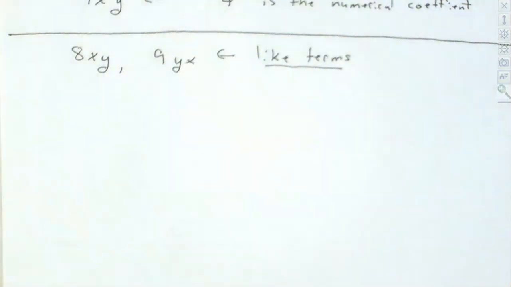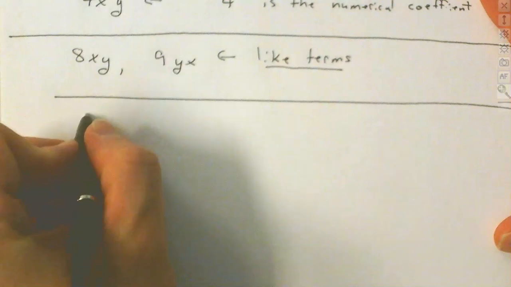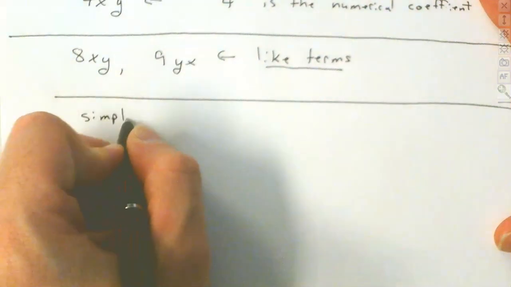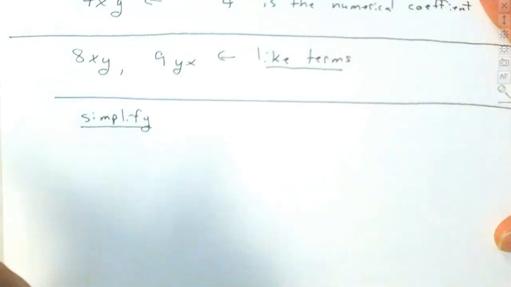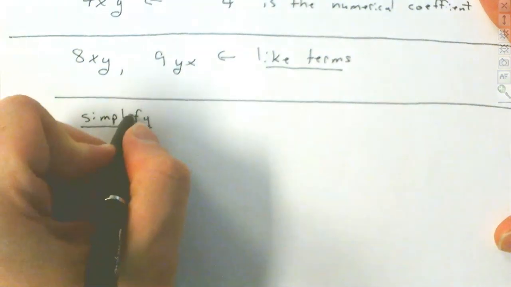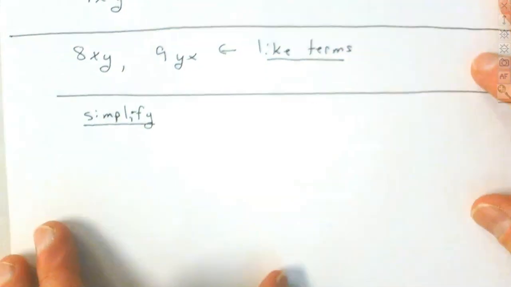So we're going to be now using these properties to work through some of these, combining together the like and the unlike terms. So we're going to be simplifying down these expressions. And when I say simplify, I'm referring to just combining like terms and using our properties.